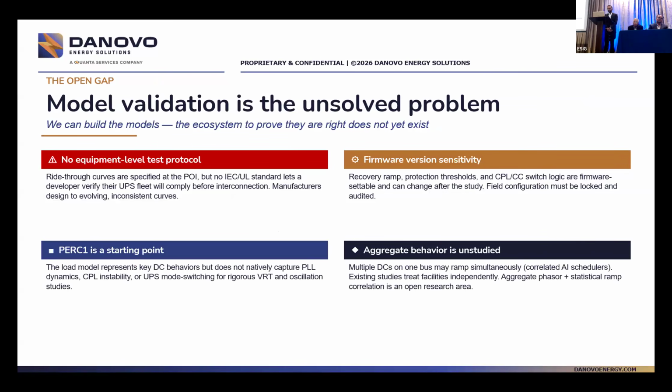So now just in terms of the open gaps, right? I'd say model validation is definitely an unsolved problem, and there are no equipment-level test protocols. One thing very commonly is firmware version updates are solving a lot of things. I think Eric pointed to that as well. Hardware improvements at the server rack level are solving a lot of things.